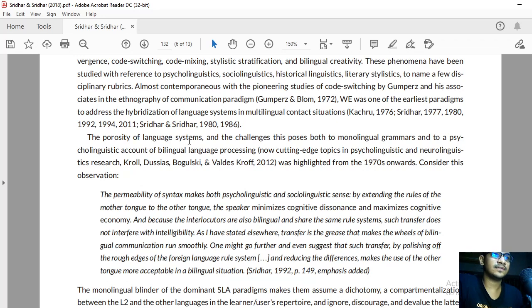The porosity of language systems and the challenges this poses both to monolingual grammars and to a psycholinguistic account of bilingual language processing are cutting edge topics in psycholinguistic and neurolinguistic research, highlighted from the 1970s onwards.